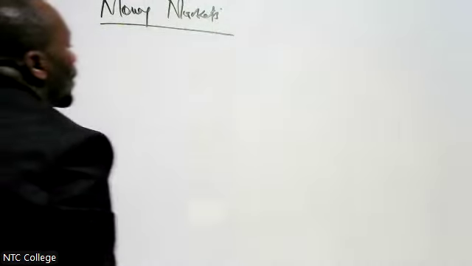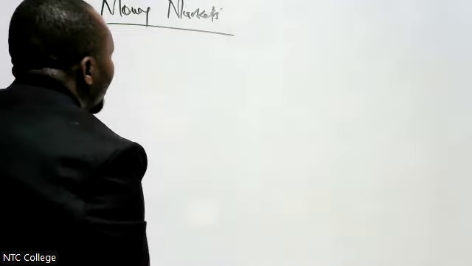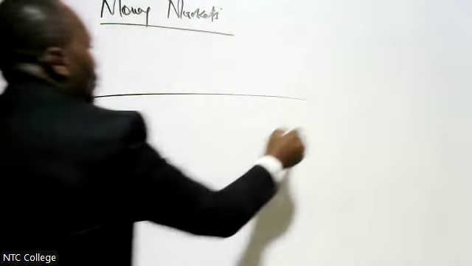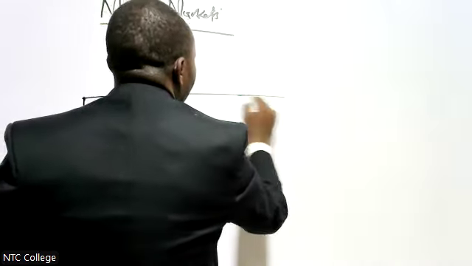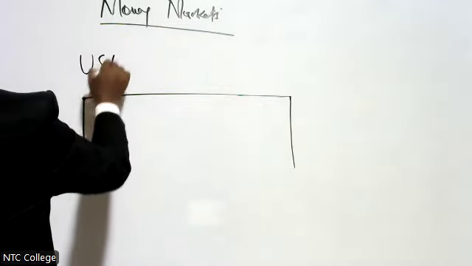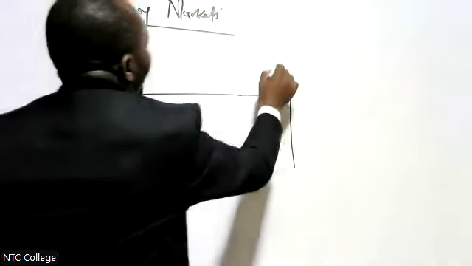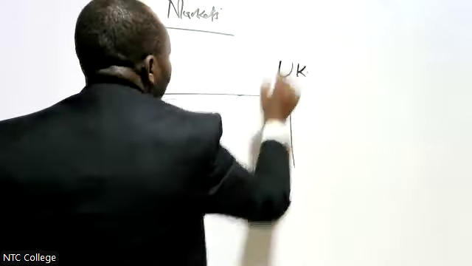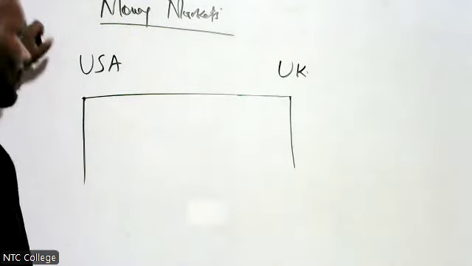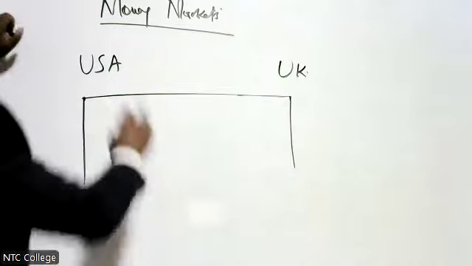So, let's say, don't draw, I'll tell you what to draw. This one is just mine. So let's say that you are in US and you're doing business with somebody from UK. So if you are expecting to receive money, you are in US, or let me say Kenya.